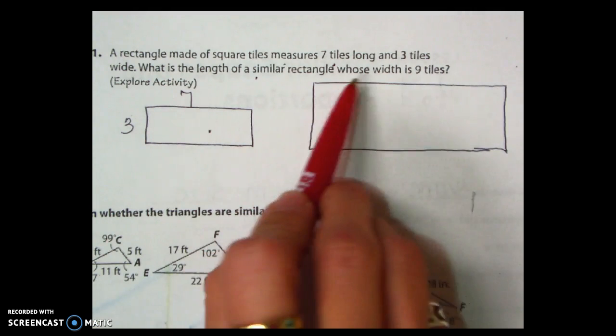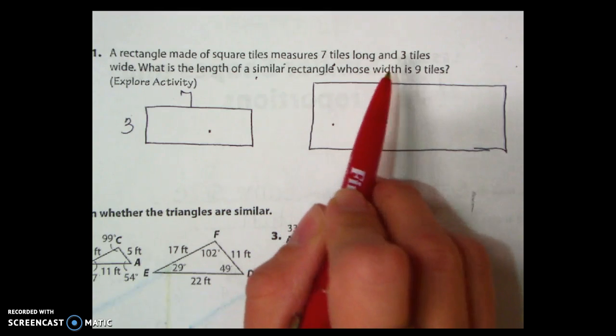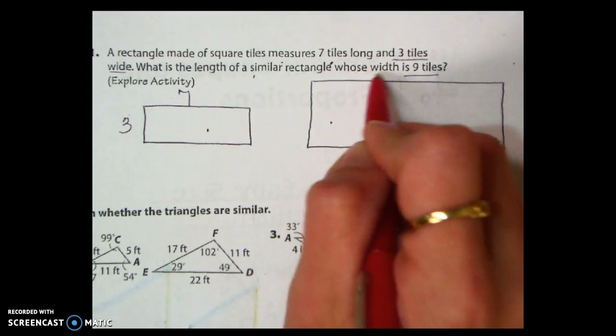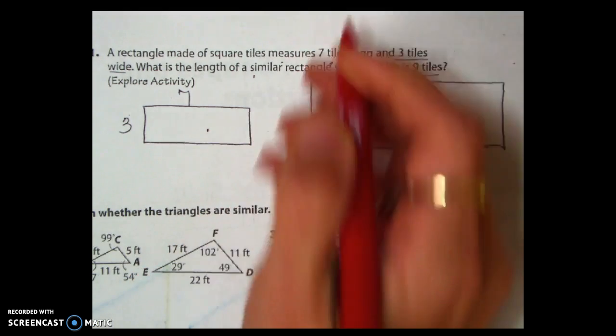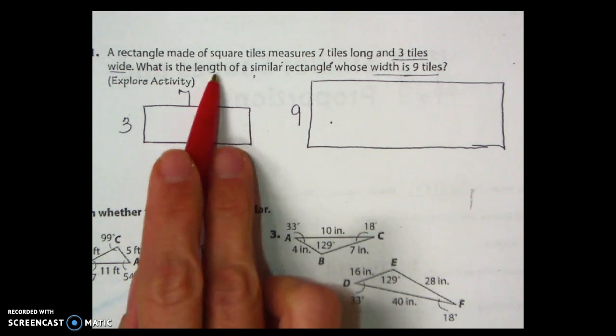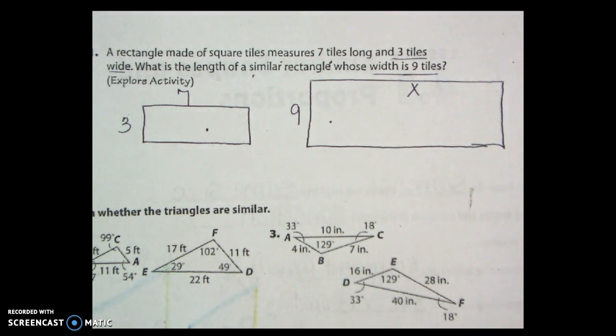The other rectangle it says has 9 tiles as its width. So since it said 3 tiles wide and 9 tiles is the width, then I know that the 3 and the 9 correspond to each other. And I'm looking for the length, so I want to know how long this rectangle is.